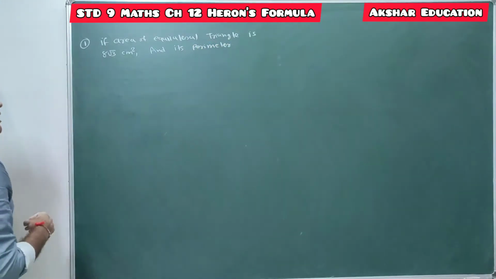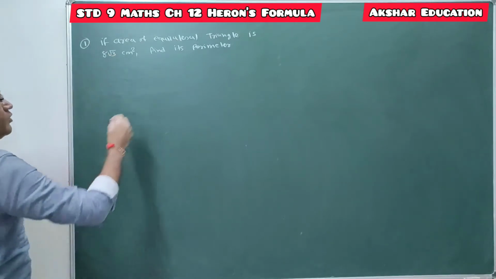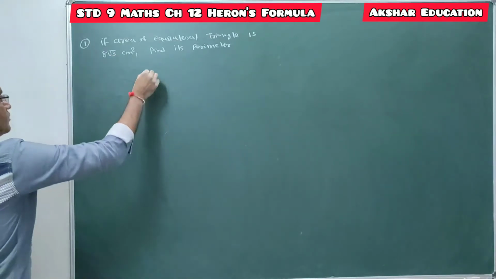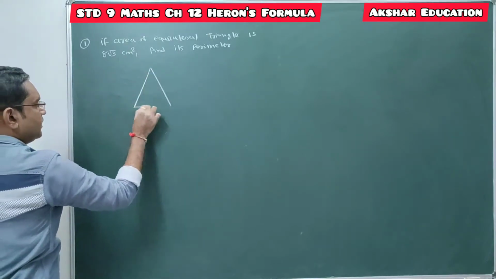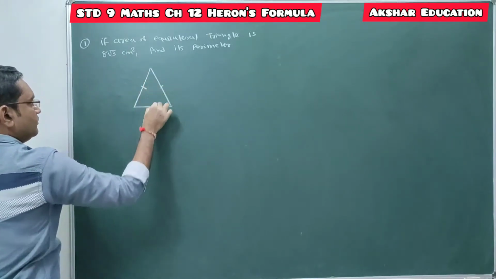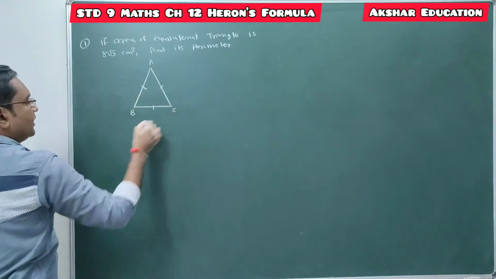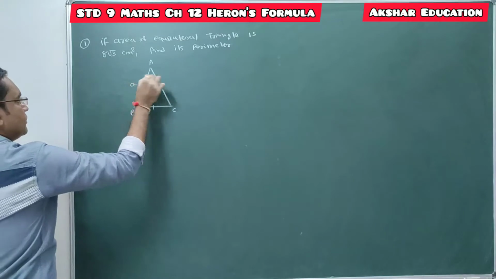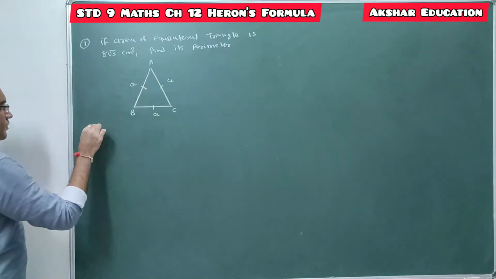So an equilateral triangle is given whose area is given and you have to find its perimeter. So what is an equilateral triangle? An equilateral triangle is the triangle in which the measure of all sides are equal. So let us consider this equilateral triangle ABC in which all sides are equal, and that is equal to a.